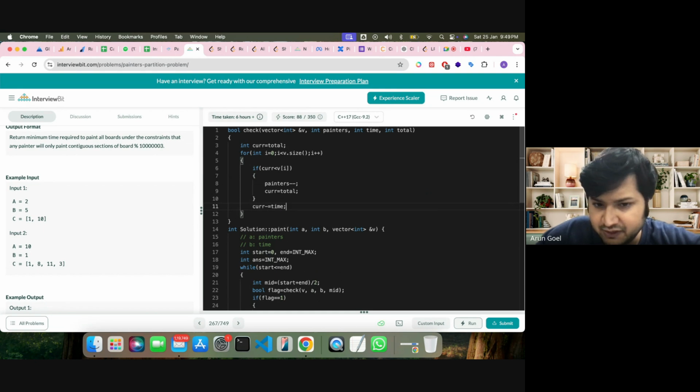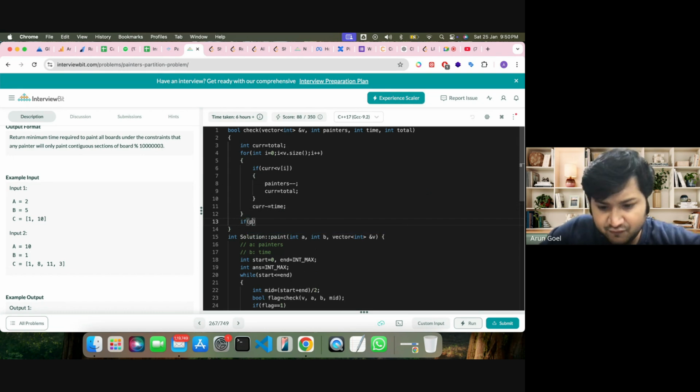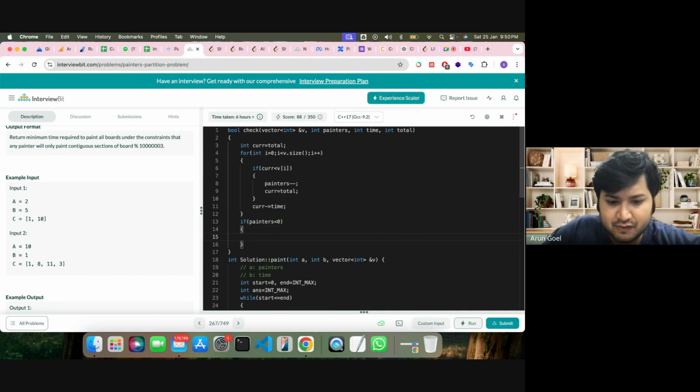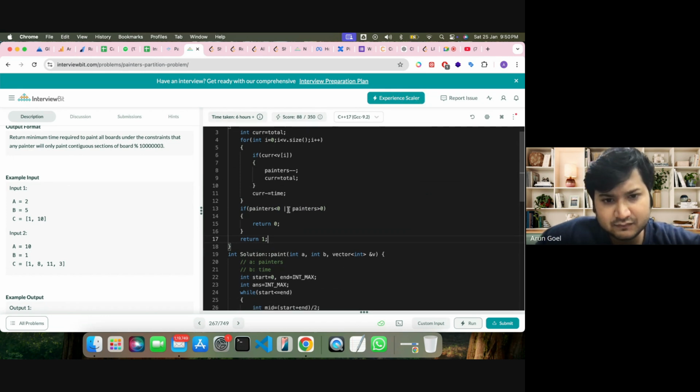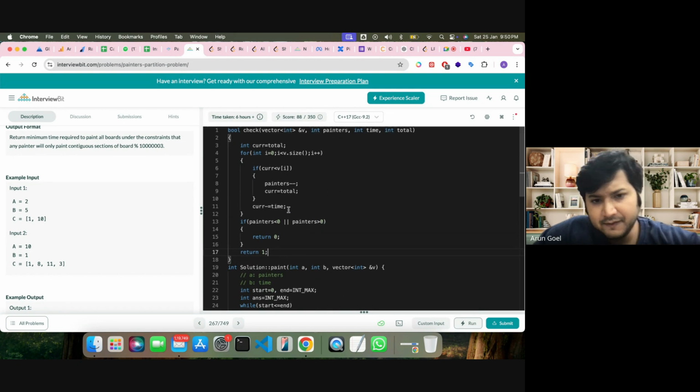Because this is the time taken, and yeah, you have to go. If your painters is lesser than 0, you have to return false, nahi to return true, right? Makes sense, right?